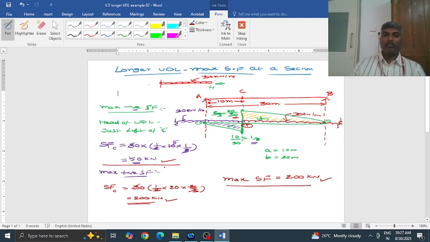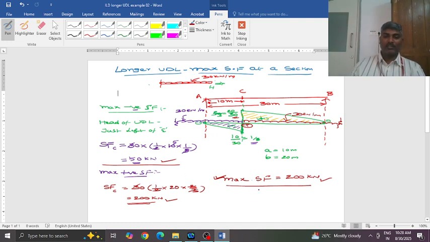By intuition or by just looking at this diagram, we definitely know that the positive area is more than the negative area. So just by physical observation, you can easily identify which shear force is going to be the maximum.